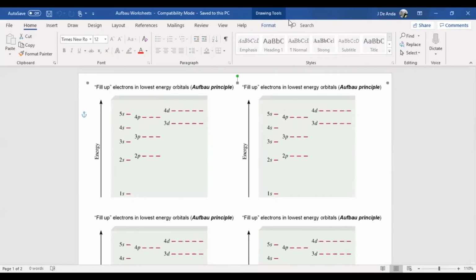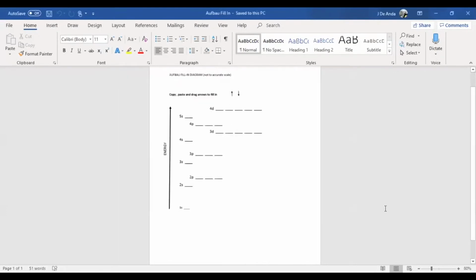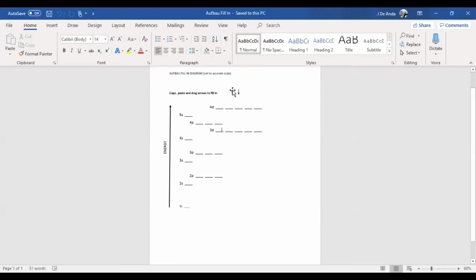Let me show you another version of this that I have. It's in a Word document also, and this one is called a fill-in mode. This one has the whole page, let me zoom out so you can see what I mean. This is the whole page of the document, and there's room for one of these diagrams. Now this one is already set up where you can actually put things. What I did was put these arrows here. These are actually just images. So you can copy that, and then paste it.